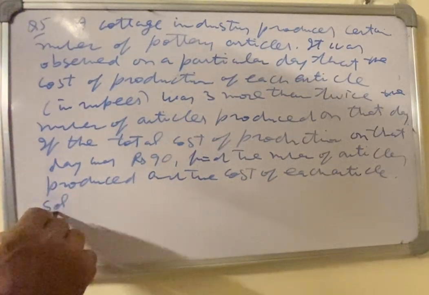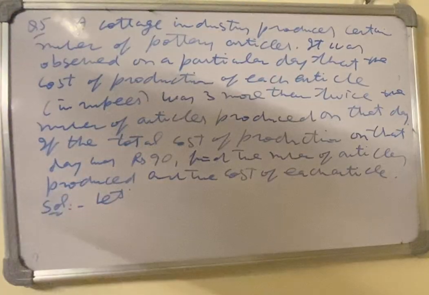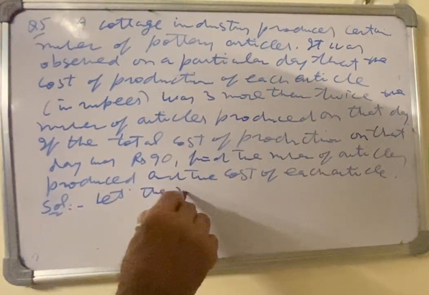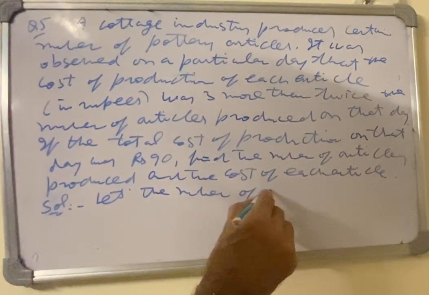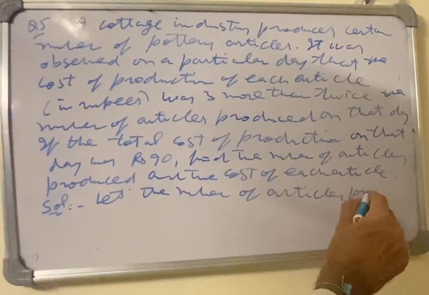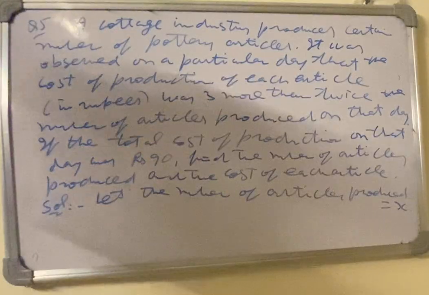Solution. Let the number of articles produced be equal to x.